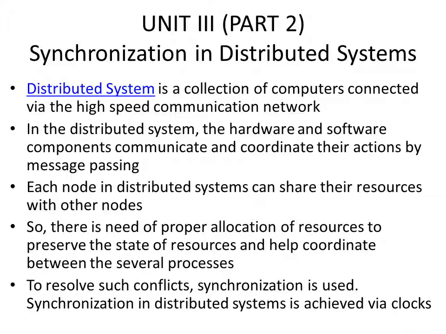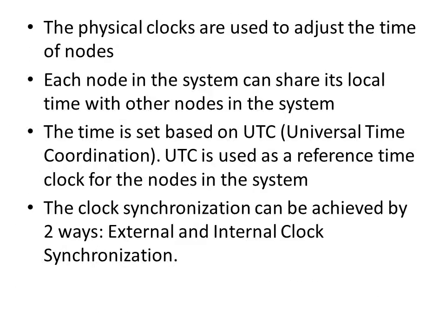Synchronization in distributed systems is achieved via clocks. The physical clocks are used to adjust the time of nodes in the distributed system. Every node in the system shares its local time with the other nodes.